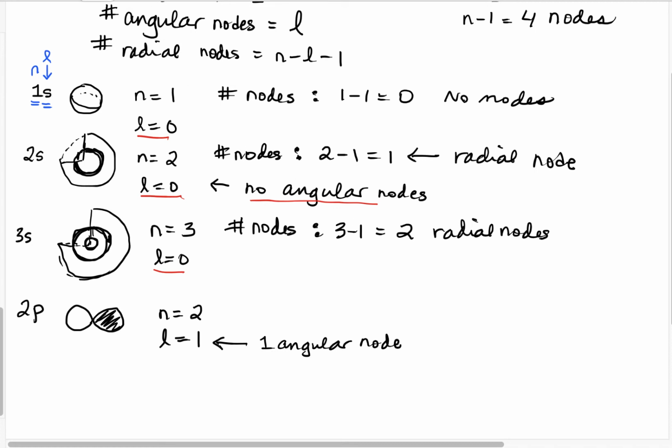But N is equal to 2 again, and so our total number of nodes for N is equal to 2 is only one node. And so that means that this 2p just has one angular node. And that's just right. That is right here. That's this plane that would be right here. In 3 dimensions, this plane would be sort of in between these orbitals, if that makes kind of sense there.